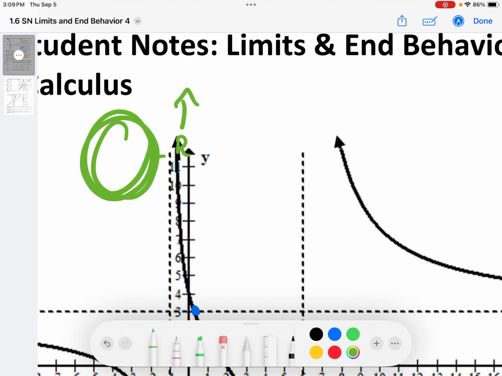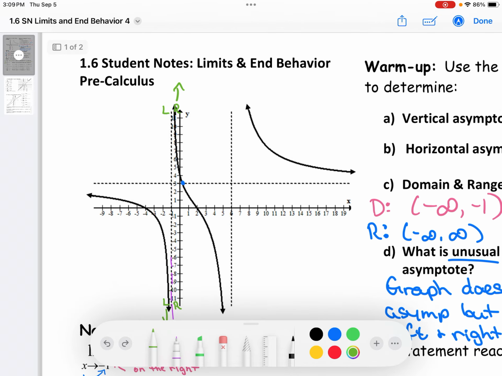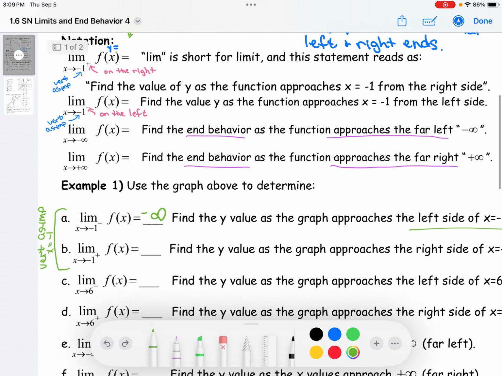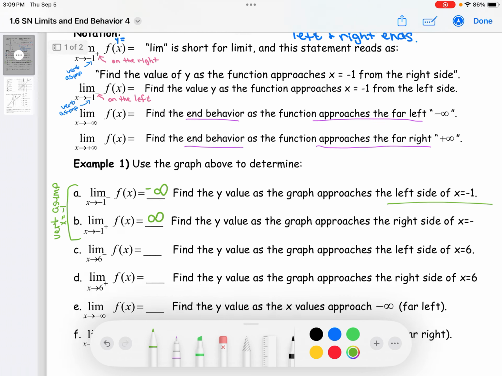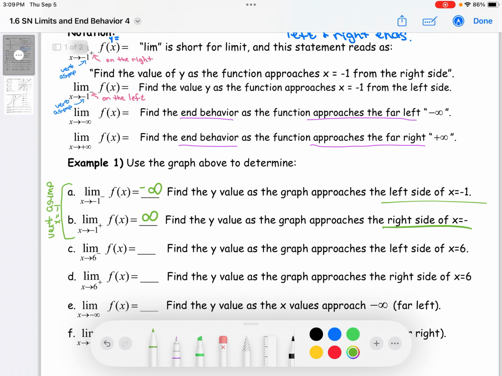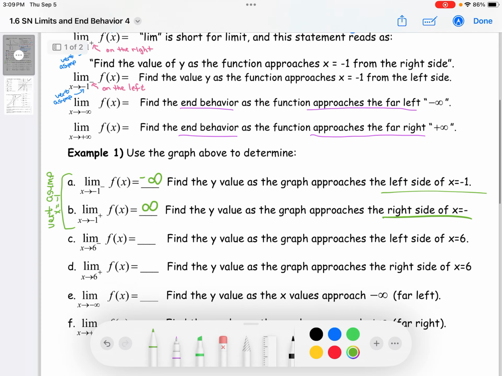On the left side, nothing is there. So on the right, the graph goes to positive infinity. This second limit is positive infinity, on the right side of x equals -1.